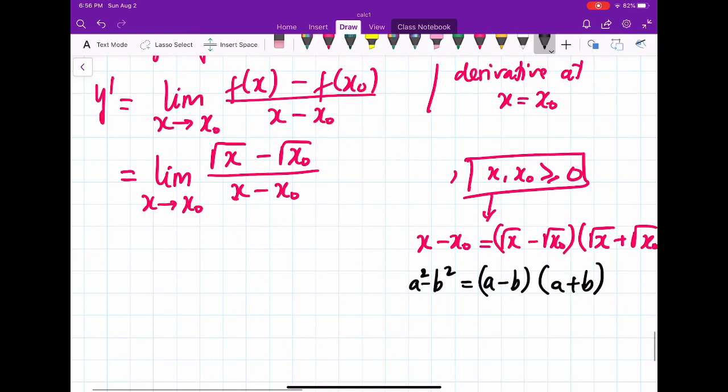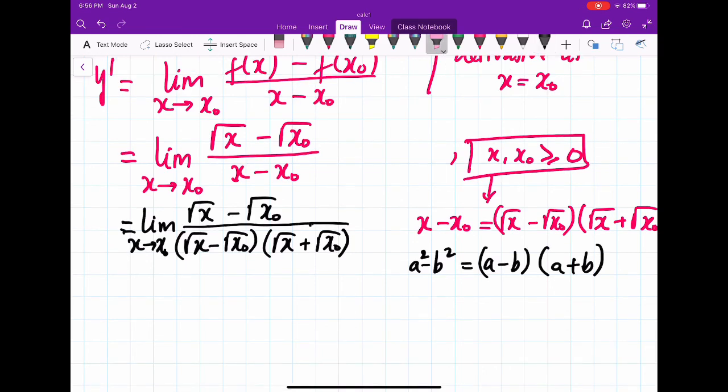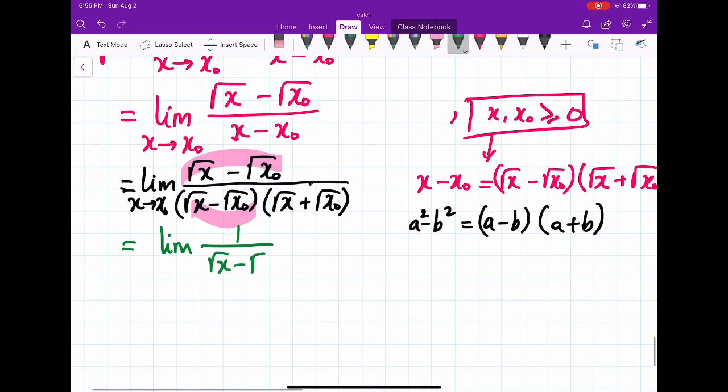Then I can rewrite our limit as square root of x minus square root of x0 divided by square root of x minus square root of x0 times square root of x plus square root of x0, right? When x approaches x0. And then you might simplify x minus x0, you get the limit of 1 over square root of x plus square root of x0, x approaches x0. Here we have plus.